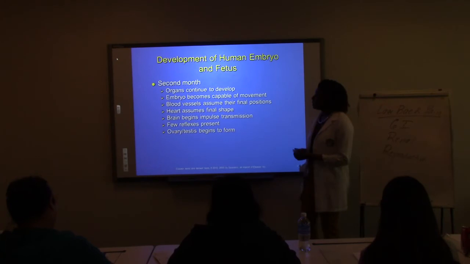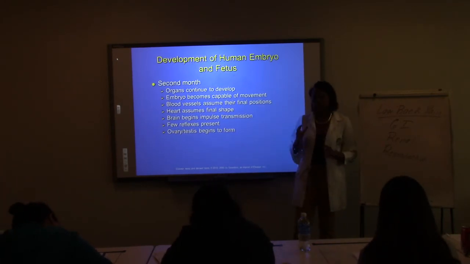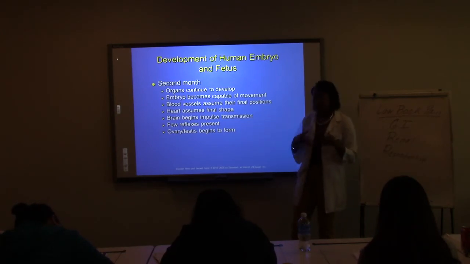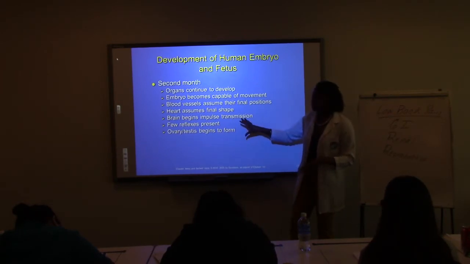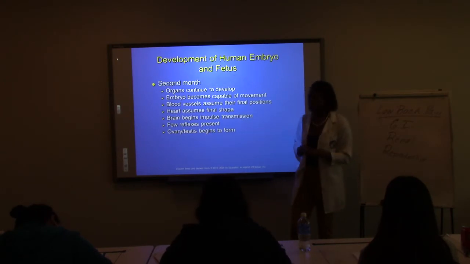So, 2nd month, organs continue to develop. The embryo is more capable of movement now, so maybe some slight movements can occur. Blood vessels assume their final position. The heart is now finalized. And the brain will actually start to transmit impulses, which is a good thing because this is how the fetus can have those little movements, because of the impulses.